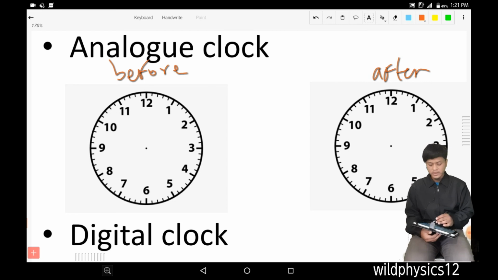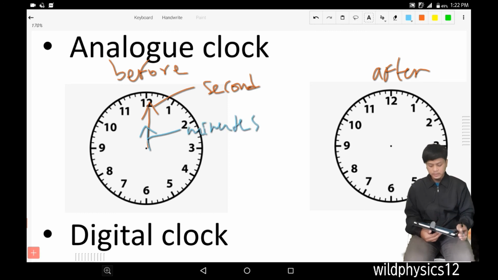Before the measurement, inside the clock, it has the long arrow and the small arrow. The long arrow is seconds and the small arrow is minutes. Before the measurement, the direction of the seconds and minutes is 12.